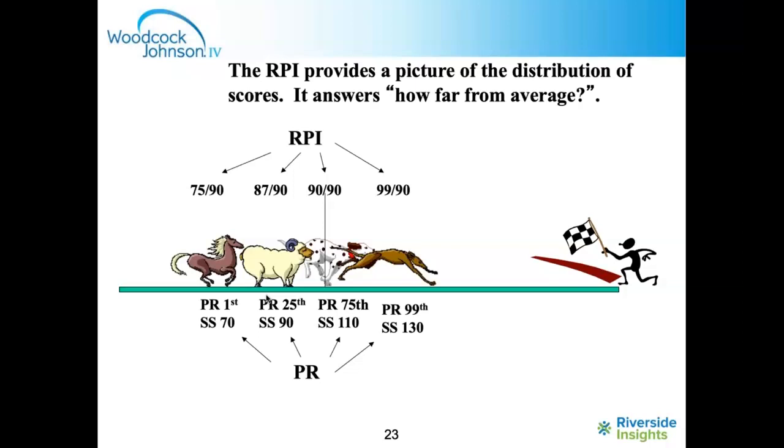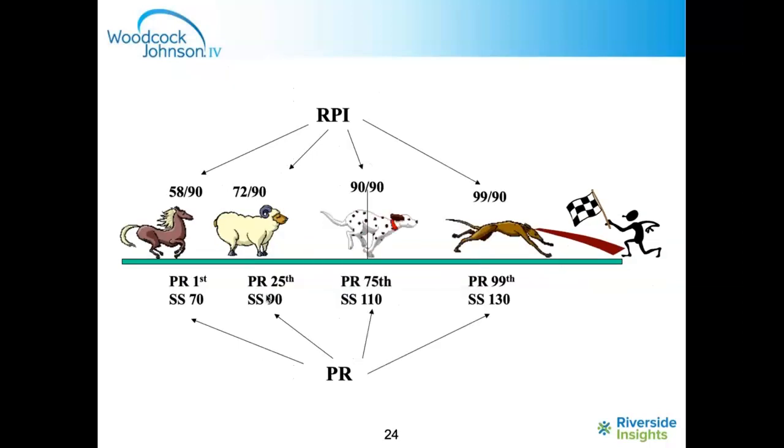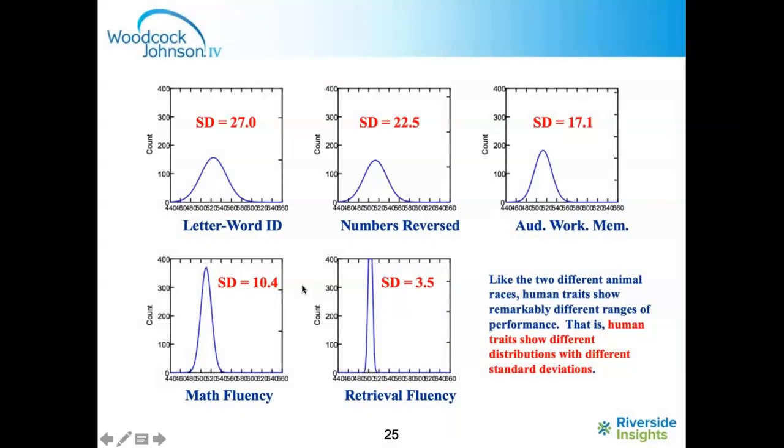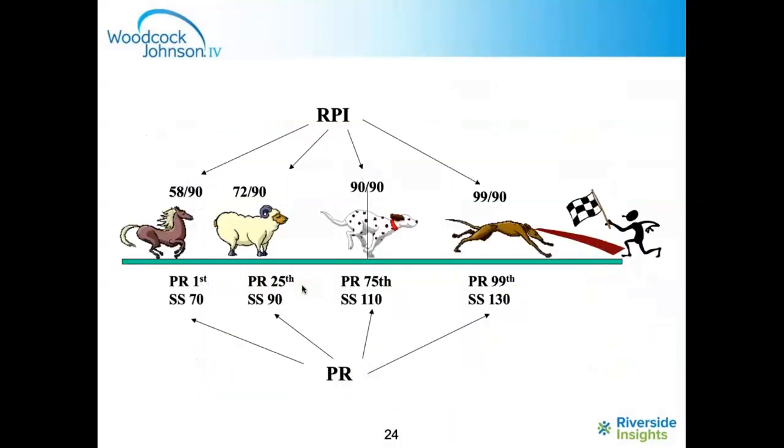And now when we look at this second race, again, on the bottom, those relative standing and in-group scores haven't changed. But on the top, we can see that the RPI, which measures the quality of performance, does change. The horse is doing much worse in this race than in the prior race, despite having the same relative standing in a group.